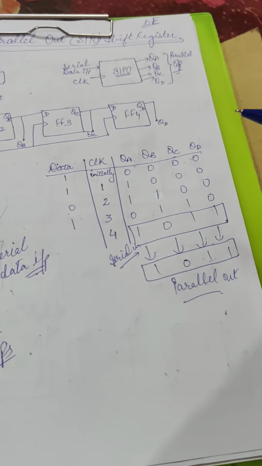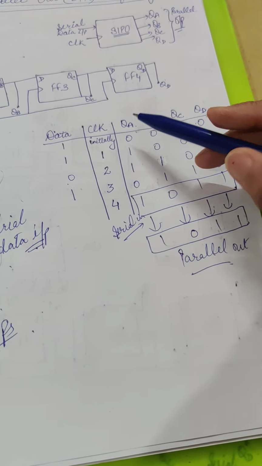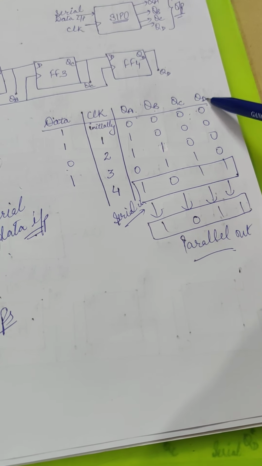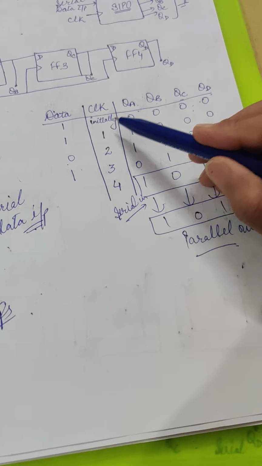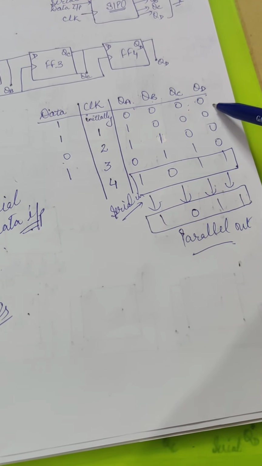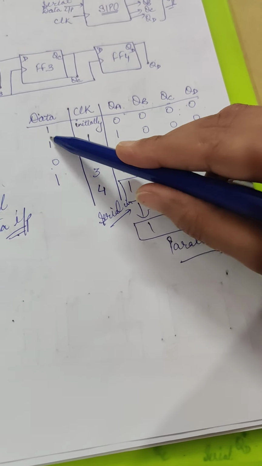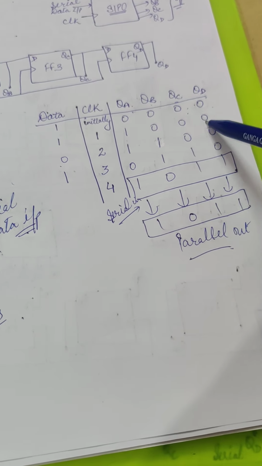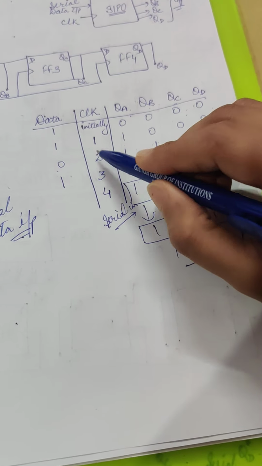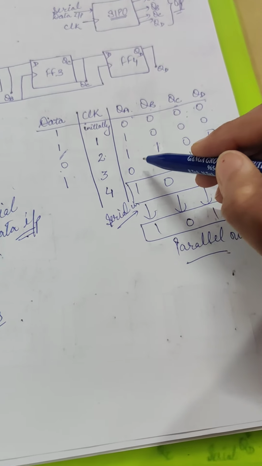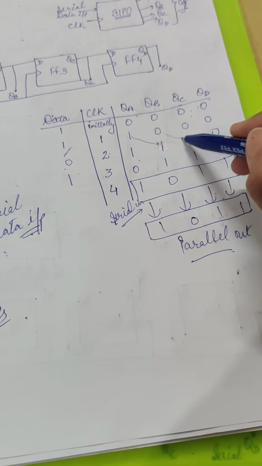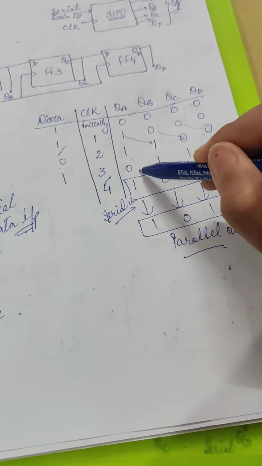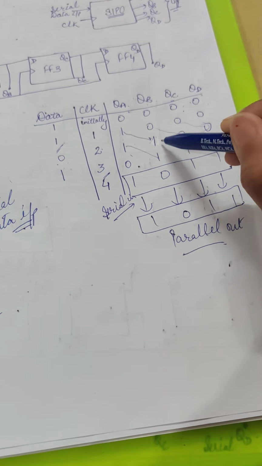This is also shown in this truth table. It has clock and outputs QA, QB, QC, QD. Initial clock, outputs are 0, 0, 0, 0, and at first clock this data 1 is to be entered and 0 is shifted to next. Then at the second clock, this 1 is to be entered and this 1 is shifted to next. At third clock 0 is to be entered at the first place and this 1 is shifted to next.